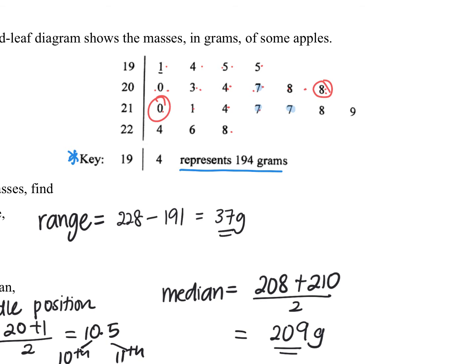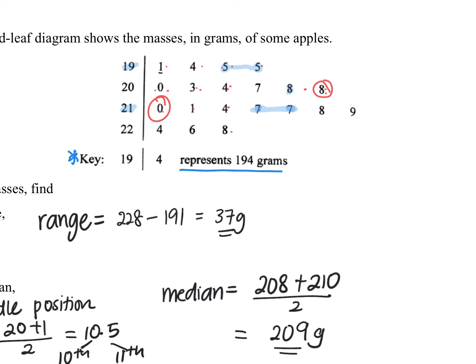So we're going to look at the data values that appear very frequently, the ones with the highest frequency. First, we know that 217 repeats itself. But is that the only mode in this case? I have the number 195 in the same stem repeating itself 2 times as well. Is that all?